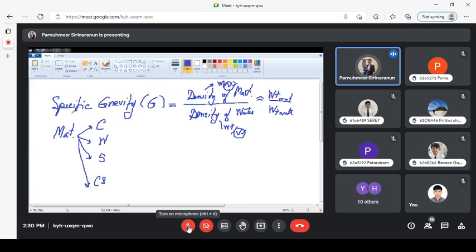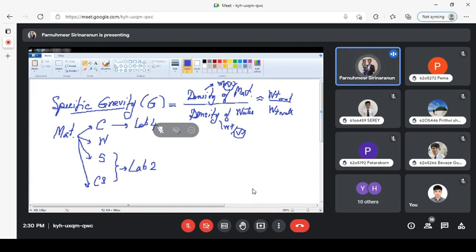The specific gravity of cement you will find in lab number 4, and sand and crushed stone in lab number 2. Clear or not? So today the concept I will talk about is the specific gravity of crushed stone and sand, and how you can do it in the lab.